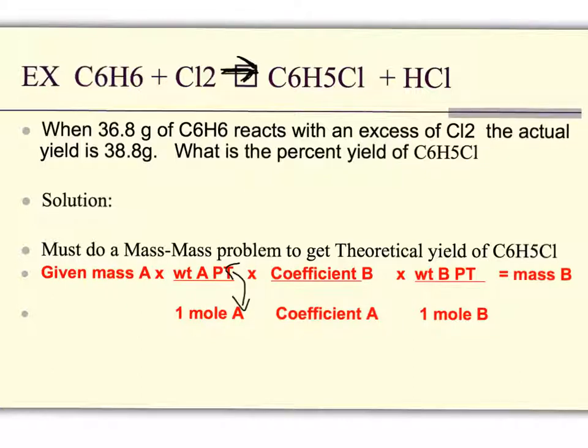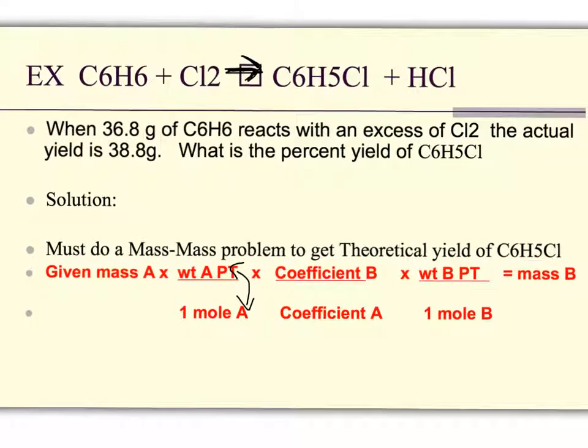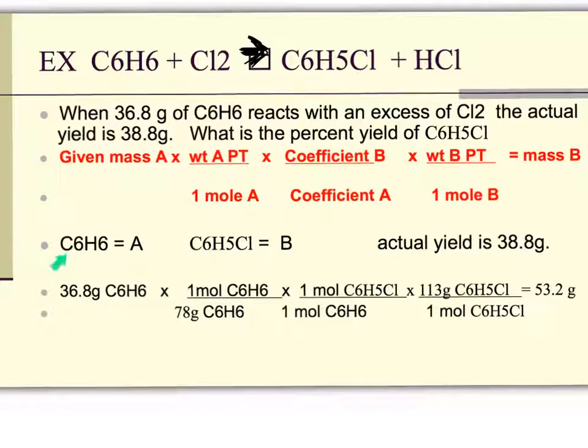Do note that there was an error in this equation right here: 1 mole of A should be on top and the weight of A from the periodic table should be on bottom. Now that we have identified chemical A and chemical B, we will plug our numbers into our equation. 36.8 grams of C6H6 is given in our problem.